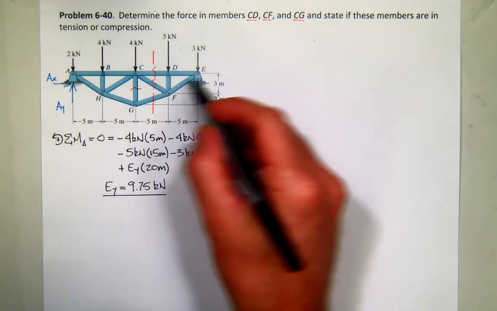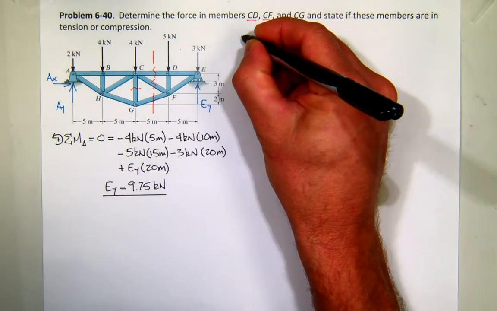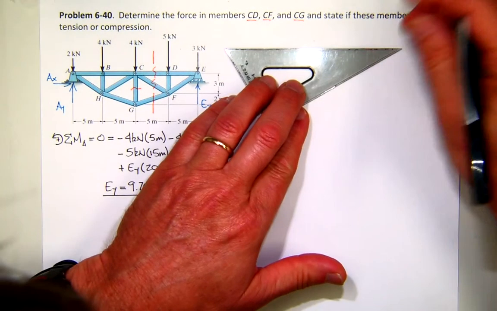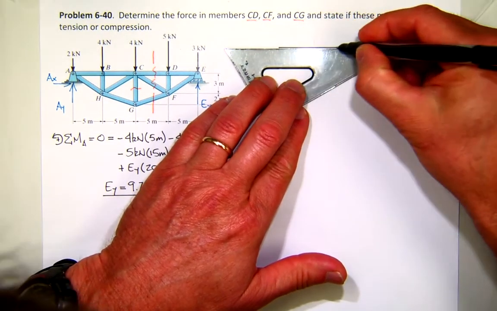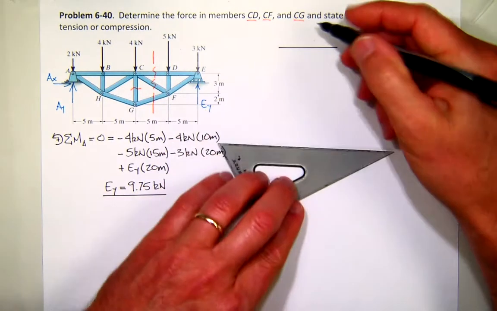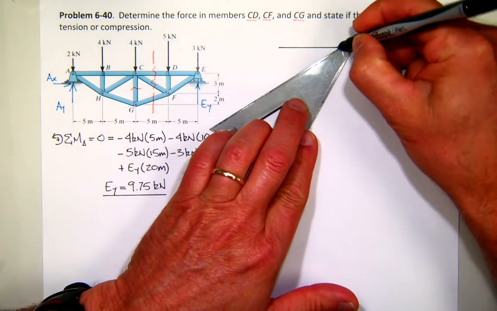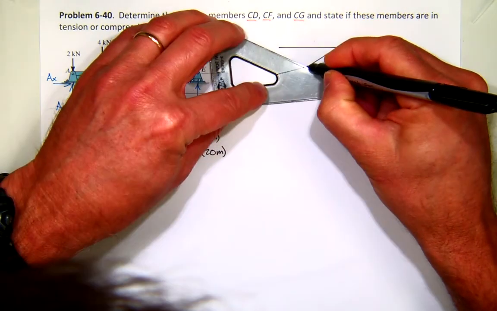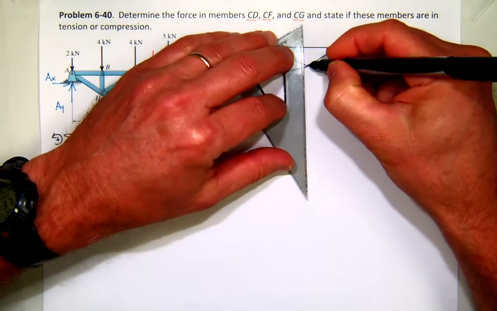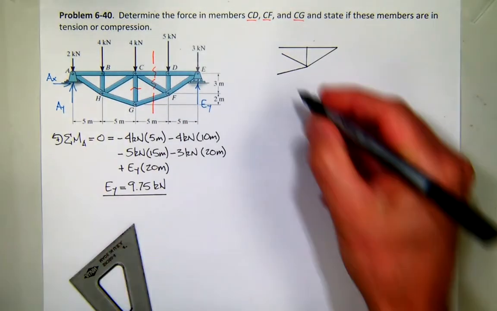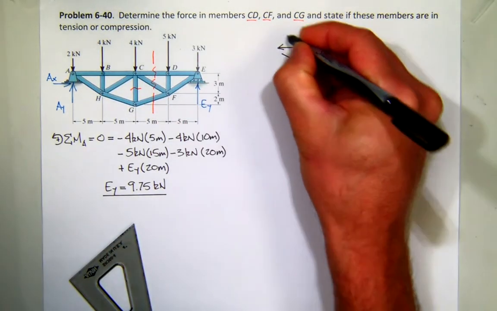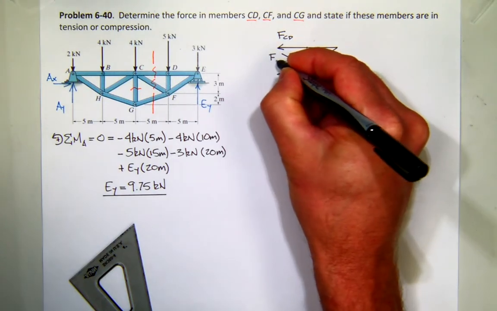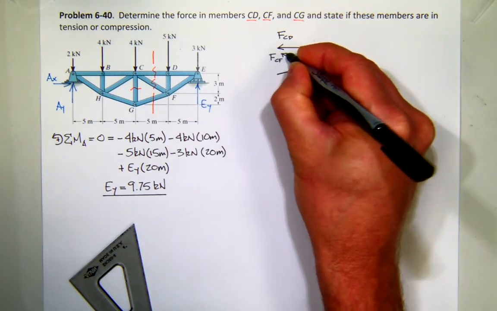So now let's go and cut and look at the right-hand side. So I'm going to look at my cut surface. I'm going to have to draw a free body diagram for that particular setup. So there's the right-hand side. This would be the force in CD. This would be my force in CF.